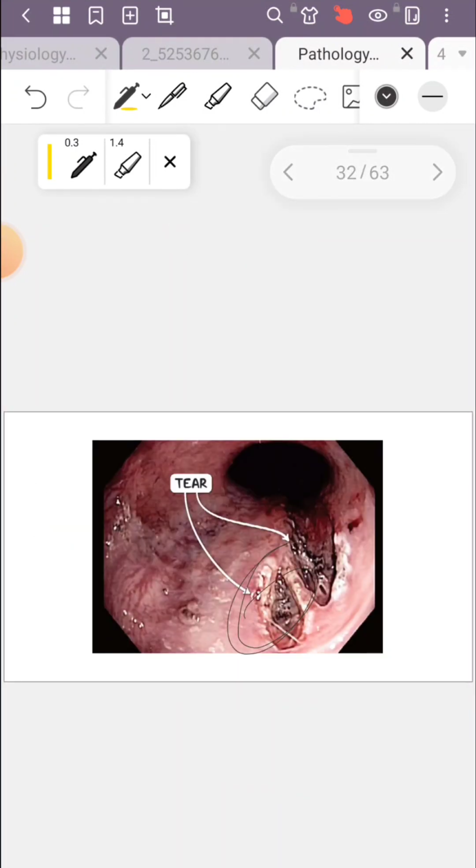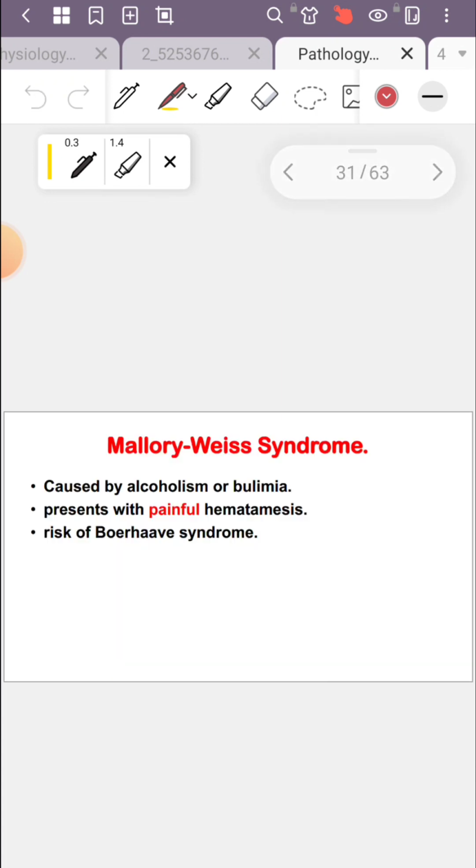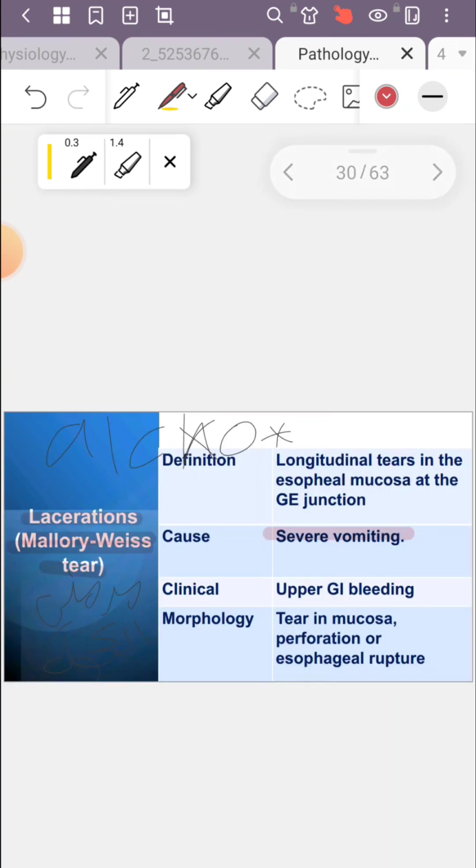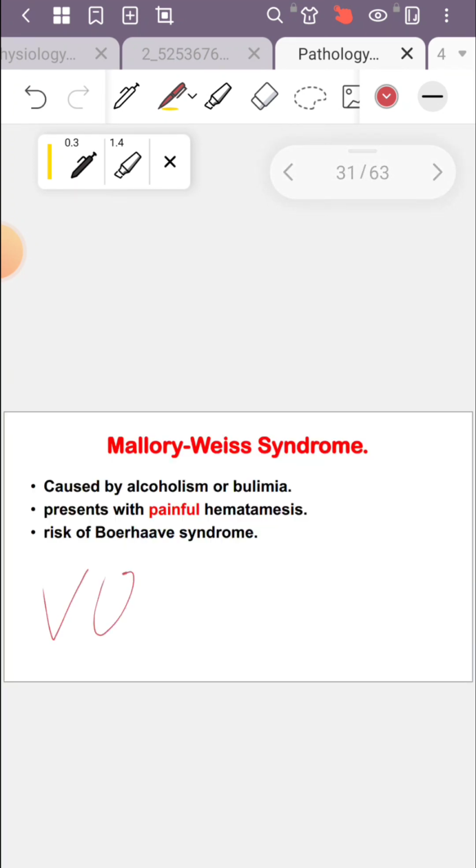It happens in alcoholics and in those with bulimia, or when they induce vomiting for themselves to reduce weight. Upper gastrointestinal tract bleeding. This will result in painless bleeding, painless hematemesis.